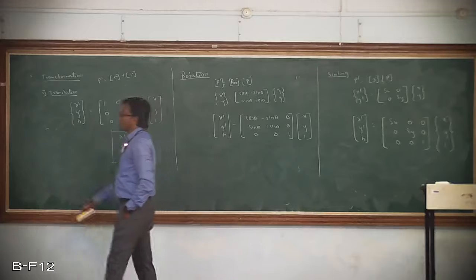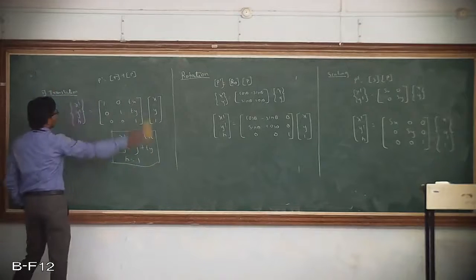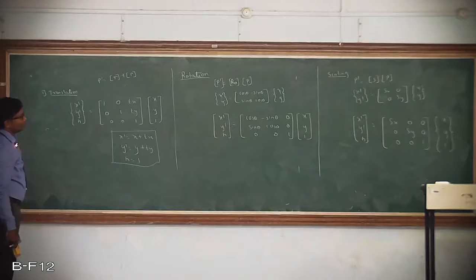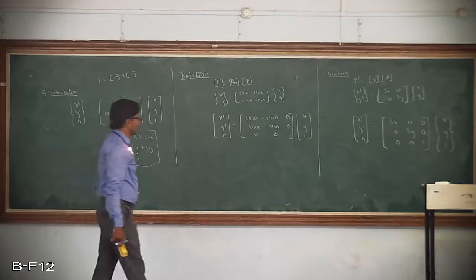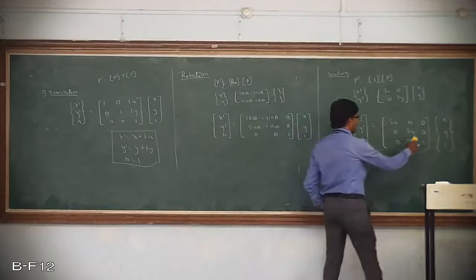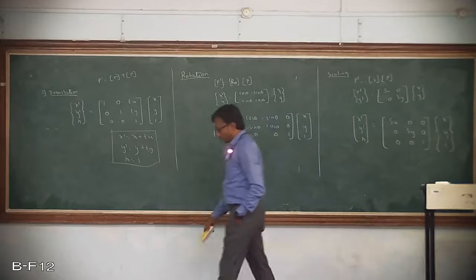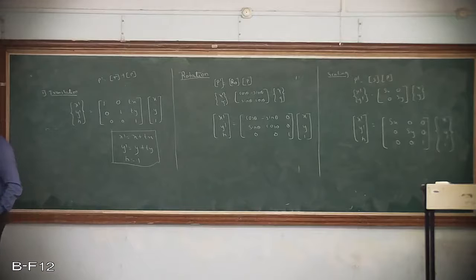So this is about the homogeneous coordinates. So next we will be performing a composite transformation. So what exactly is the composite transformation? It is an extension of application of homogeneous coordinates, where a series of operations has to be performed.